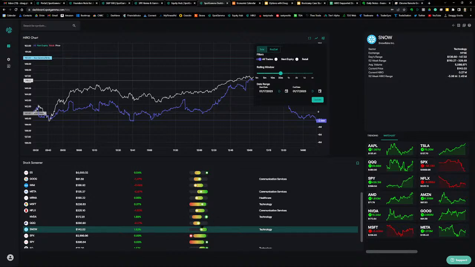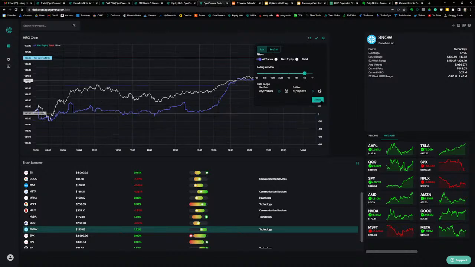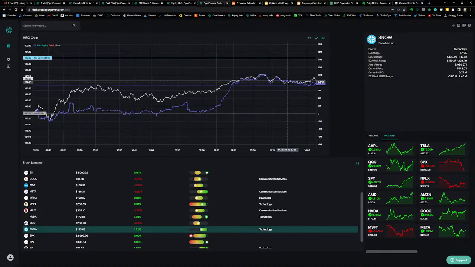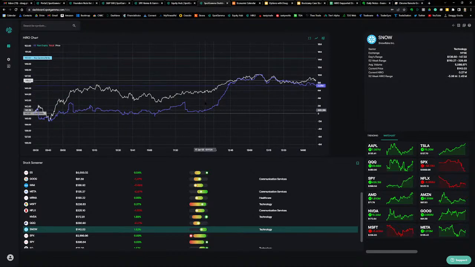So notice another strong hero signal now. And it's not quite as clean as some other stocks, but Hero has essentially been rising all day.